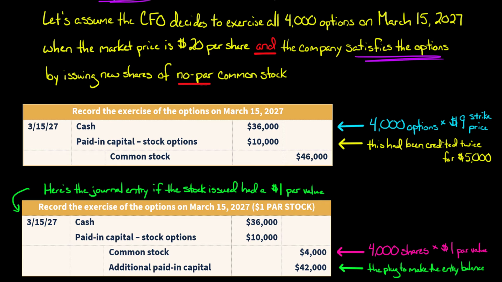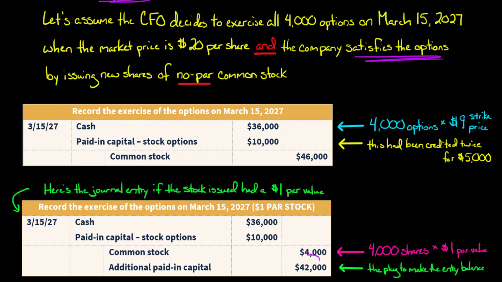So what we're going to have is the common stock in that scenario would get credited for 4,000 instead of the entire 46,000, and the remaining balance to make the debits, because remember the debits got to equal the total credits, right? So we got 46,000 of debits, we need 46,000 of credits. So if we just have a credit of 4,000, we're going to need a credit to additional paid-in capital of 42,000.